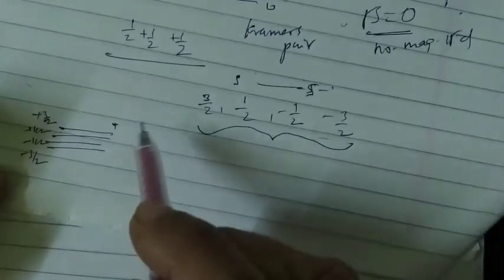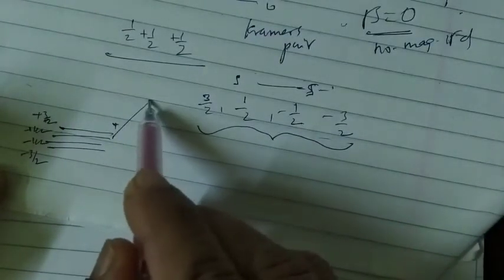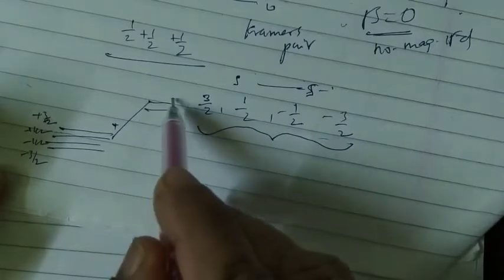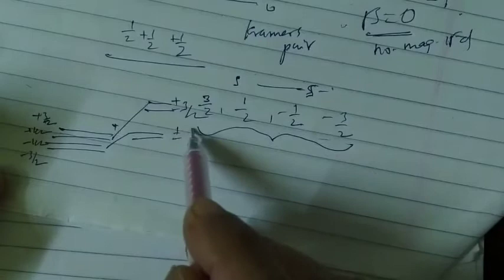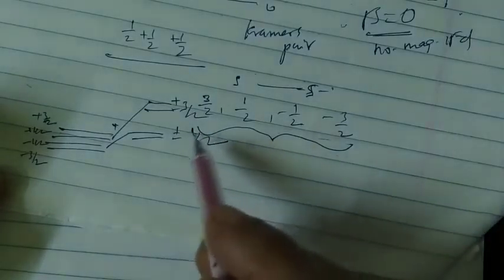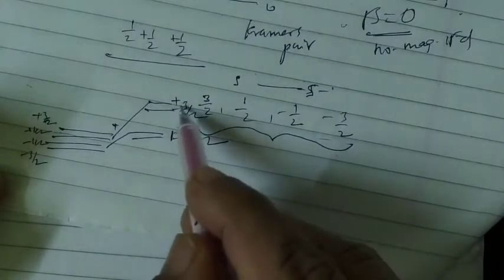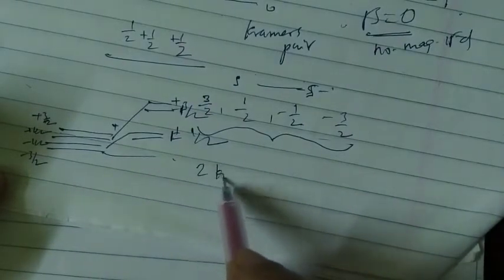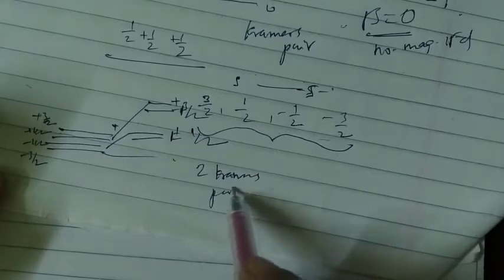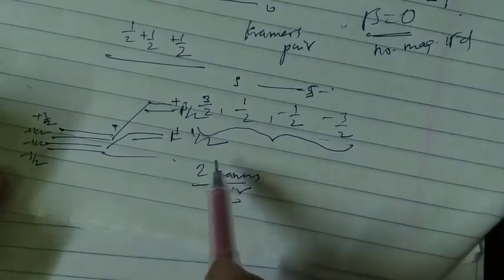In the absence of a magnetic field they split into plus minus 3 by 2 and plus minus 1 by 2. So two Kramers' pairs are generated here in the absence of a magnetic field.